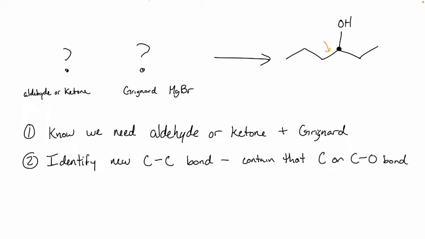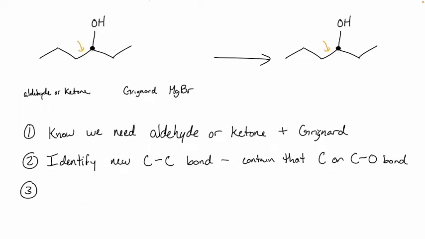All right. Once we get that, we need to break that bond. So this is the new bond that I'm creating. If I'm going to work backwards, I'm going to chop it. So let me actually take that over to this side here. Okay, I said that I created that new carbon-carbon bond, so if I'm going to work backwards, I'm just going to break it.